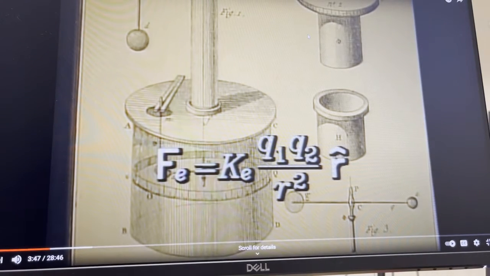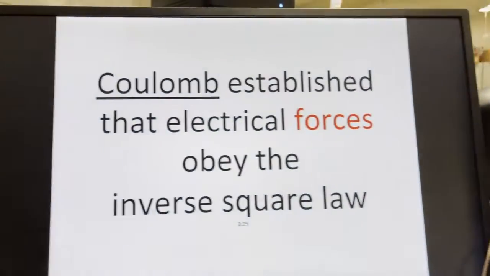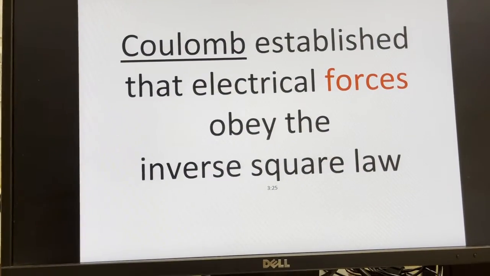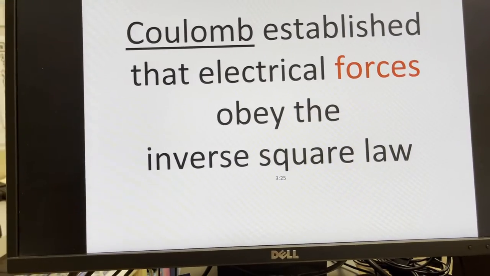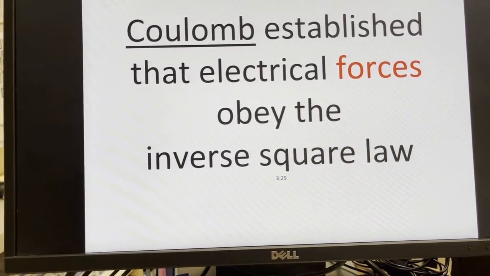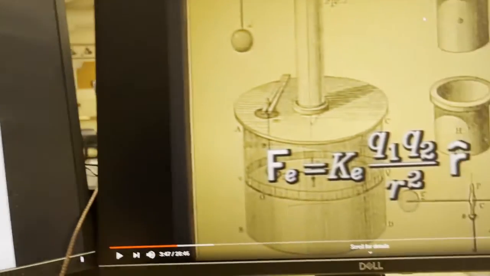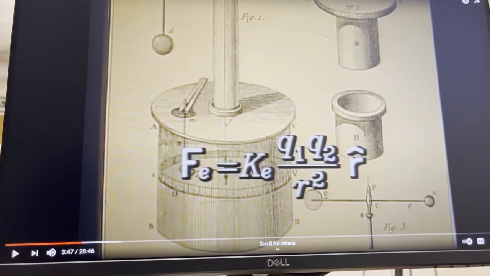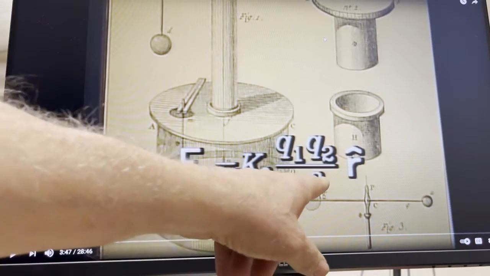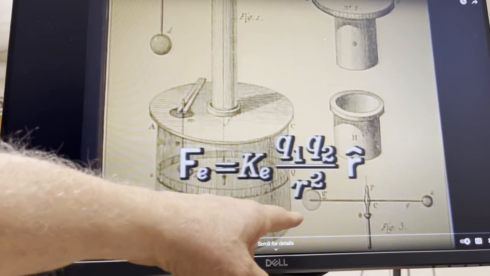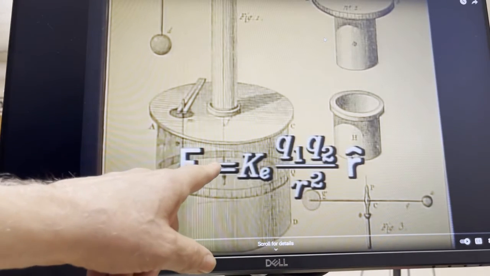Does that look familiar? It does. Here is what Coulomb did. He established that electrical forces obey the inverse square law. Okay, now what does that mean? Well, this is an example where you have the square of the distance on the bottom of the fraction. So this is Coulomb's law like we used before.